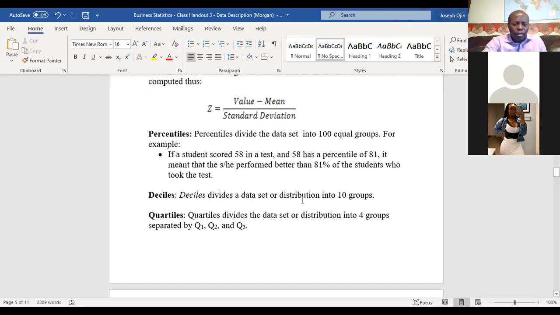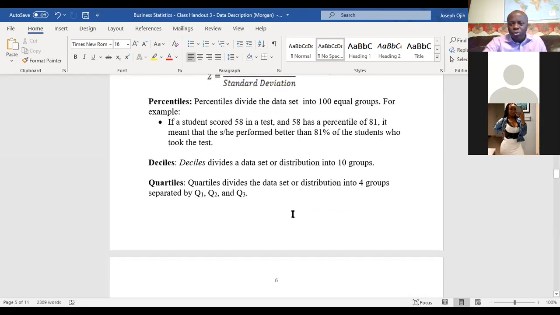Now, the quartiles divide the distribution into 4 groups. Like I said earlier, quartile is similar to percentile because the first quartile, which is Q1, is the same as the 25th percentile. The second quartile is the same as the 50th percentile. And the third quartile is the same as the 75th percentile.